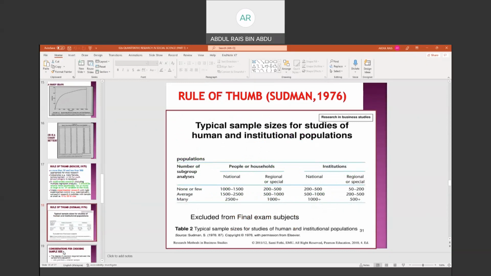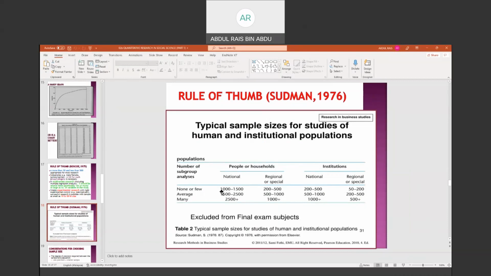Another commonly quoted researcher in social science punya rule of thumb of sampling. Tengok dia bagikan national wide study or a regional statewide or city wide study, macam mana?